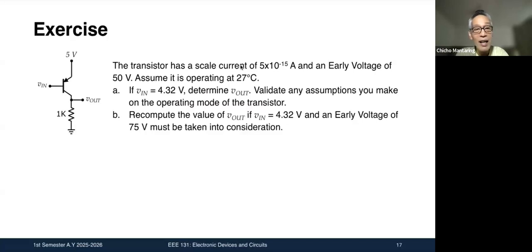So do letter A. That's the first one. Again, you don't need any of the information that I just introduced to be able to compute for letter A. So I'll give you about 10 minutes and then we will discuss the solution. Remember, this is not an NPN, this is a PNP.